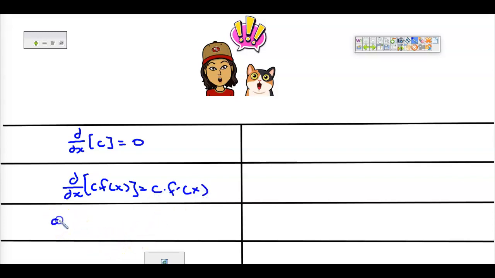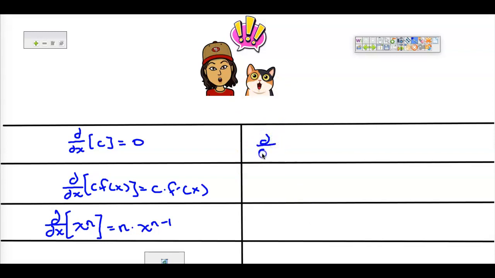The derivative with respect to x of x to the n was going to be n times x to the n minus 1. What else did we say? I know it's a lot, but this is how you keep track.